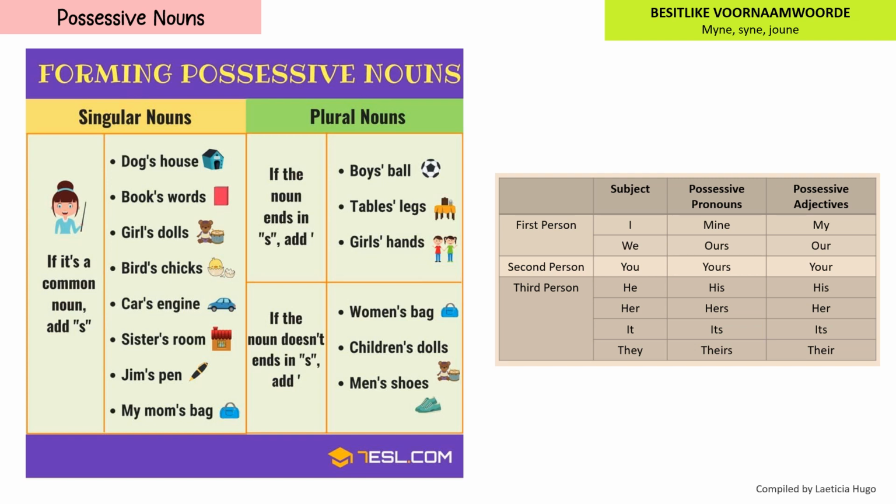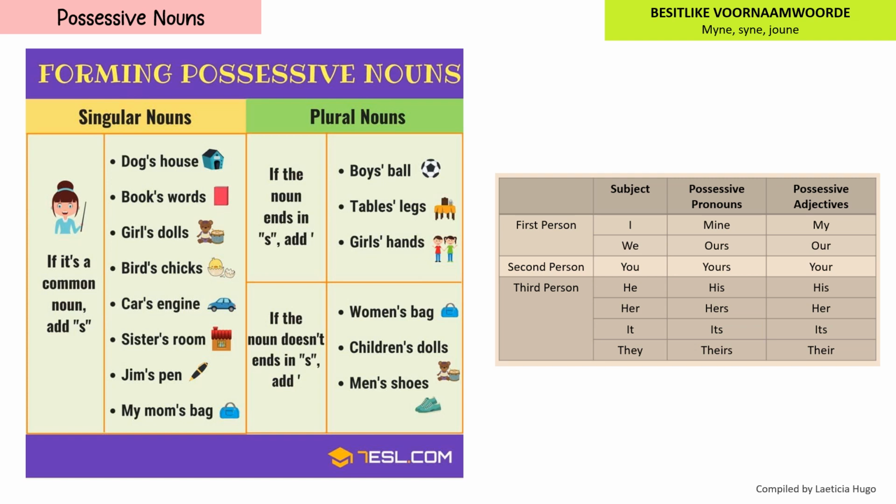Tables' legs, etc. But if the noun does not end in S, then we also add an apostrophe with an S at the end. Women's bag. So that women is already plural and it's not ending on an S, so it's apostrophe S. Children's doll. Children is also the plural of child, so again, apostrophe and then an S, dolls, etc.